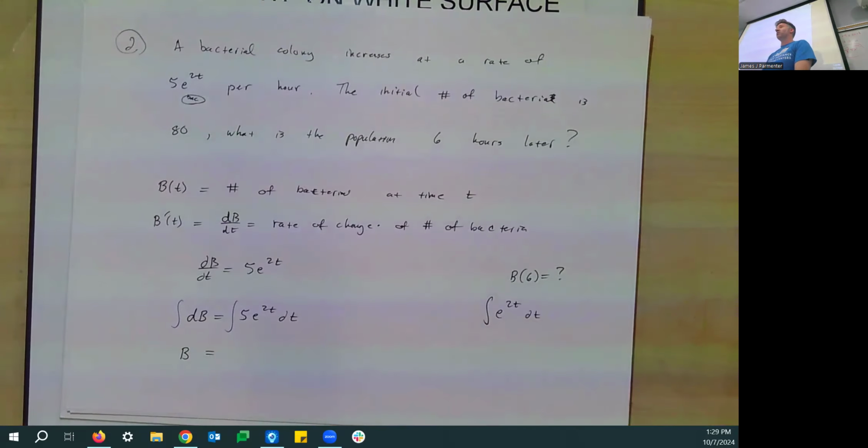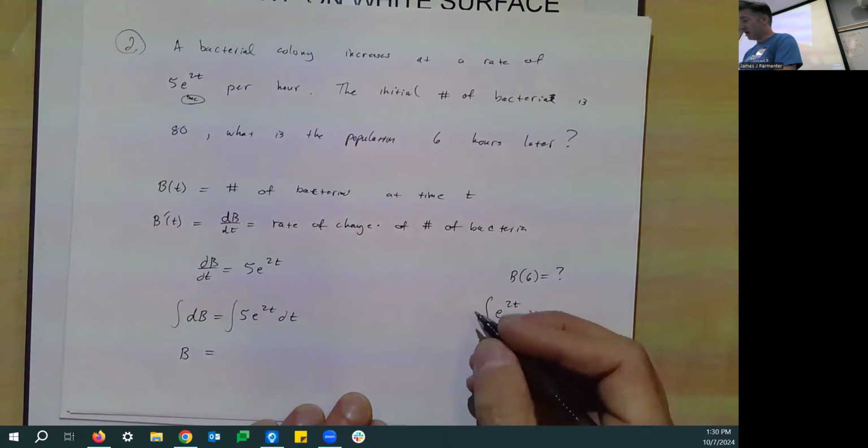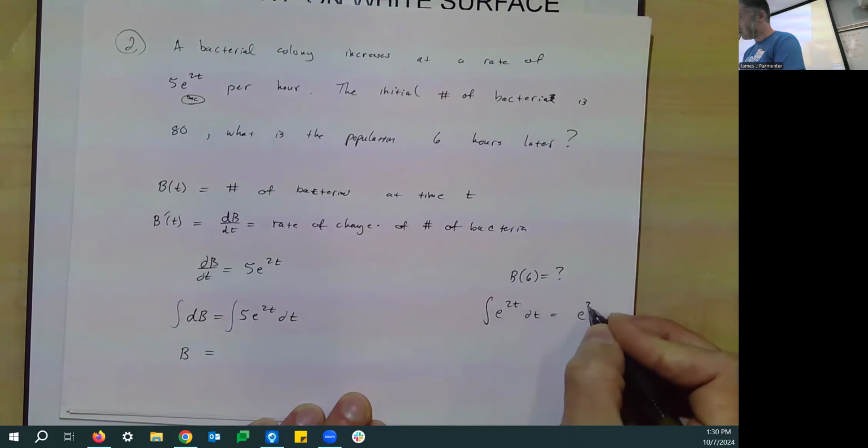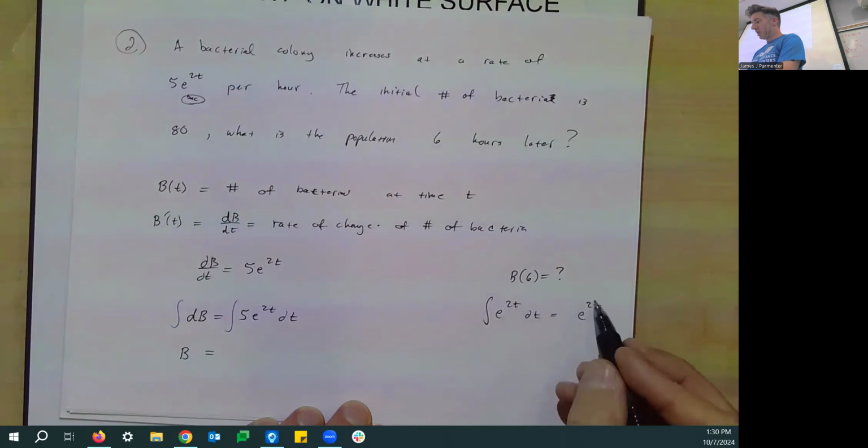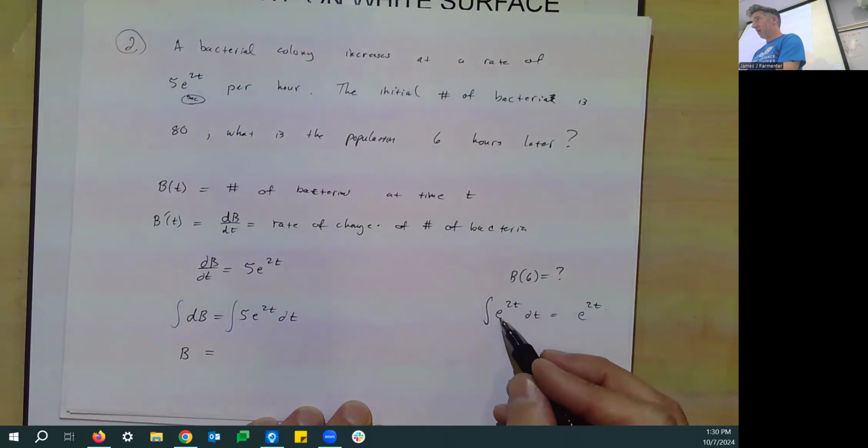I personally would just say, well, I'm pretty sure the antiderivative is something like e to the 2t. But if I took the derivative of e to the 2t, I wouldn't get e to the 2t. I'd almost get it. I'd get e to the 2t times 2. The antiderivative is not quite e to the 2t, because if I differentiate that, I'm going to get 2 times that.